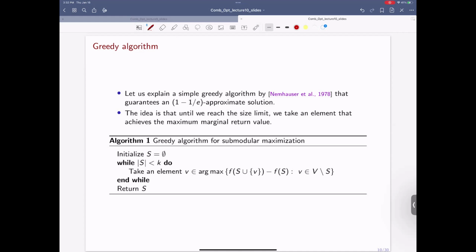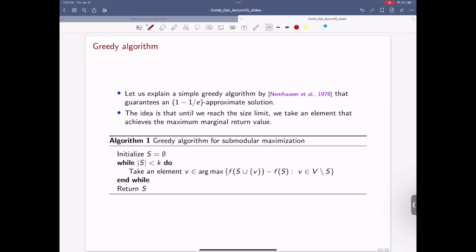What you do is you start with the empty set, and until you reach the limit on the number of elements you choose, you pick an element that maximizes the marginal return.